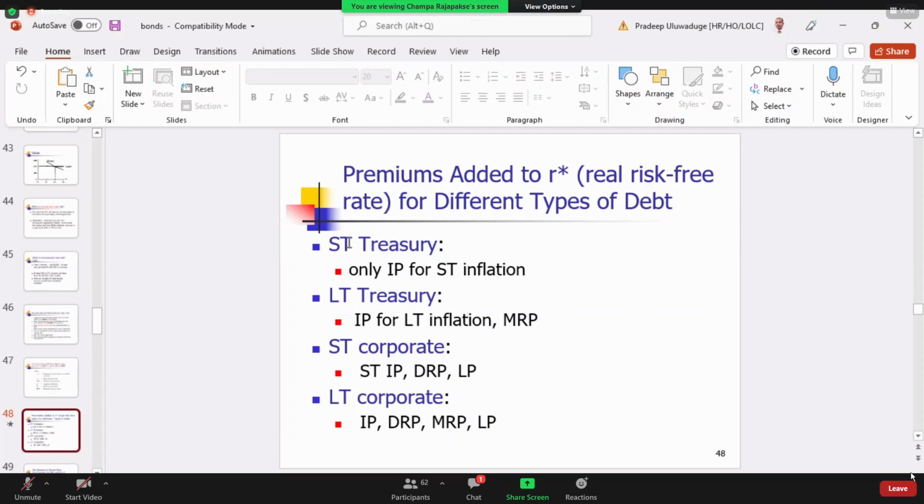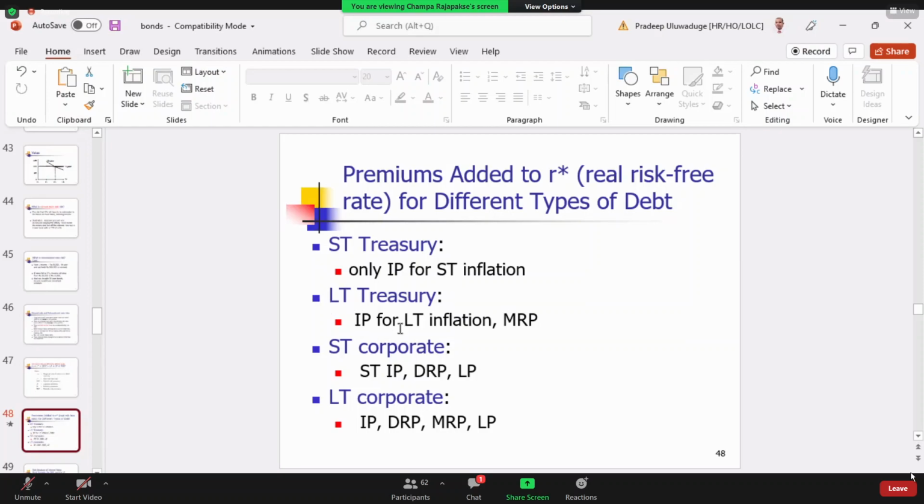Short-term treasury securities: to the real rate, they will add an inflation premium for short-term inflation, because short-term treasury bonds mature in a very short term. So the real rate plus a rate for short-term inflation only will be the rate for short-term treasury securities or bills.